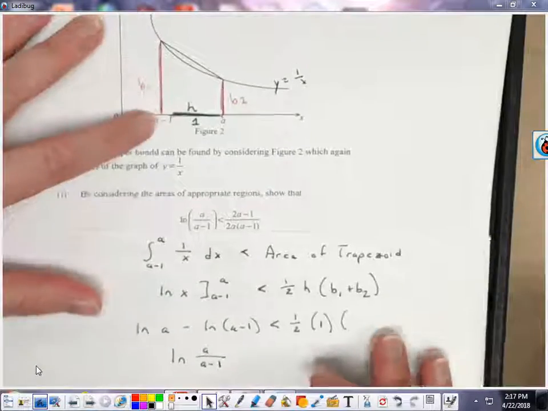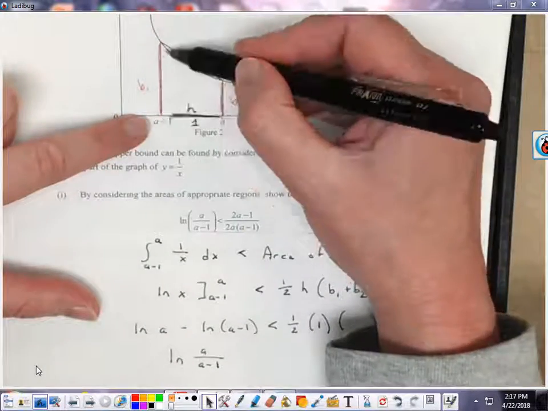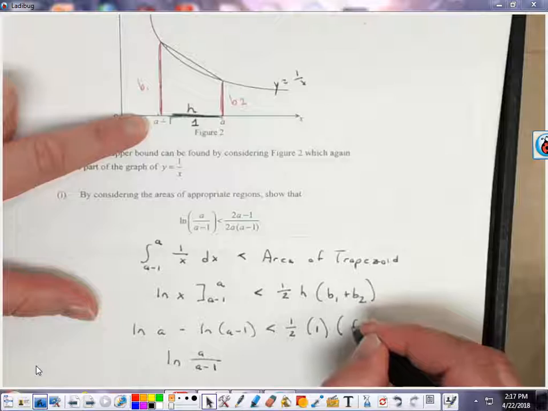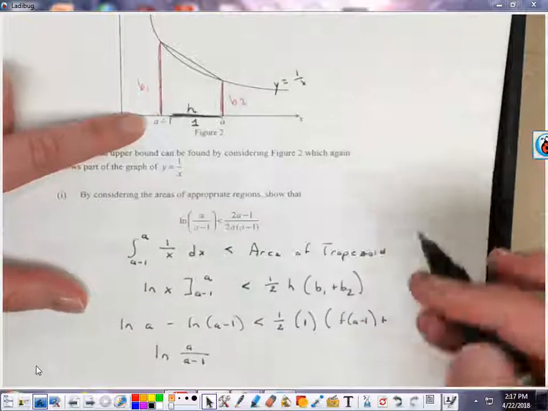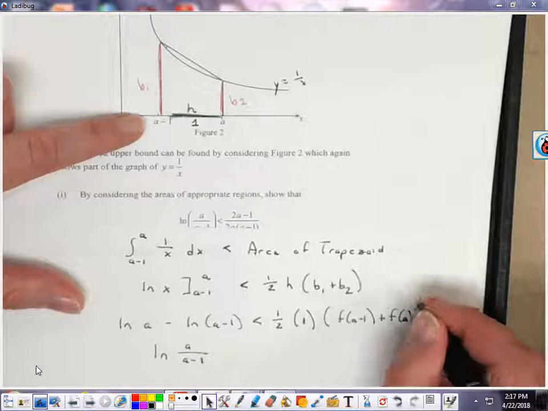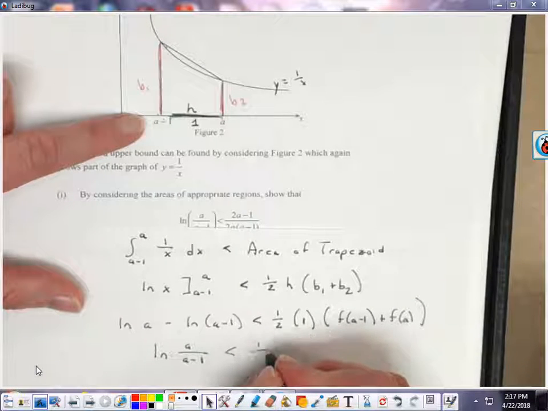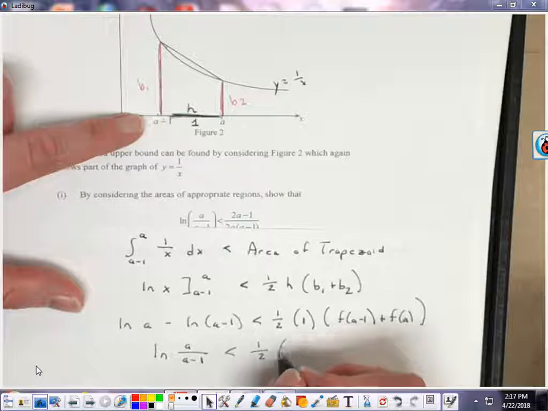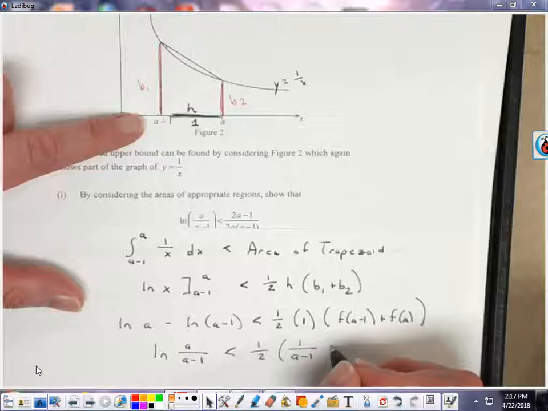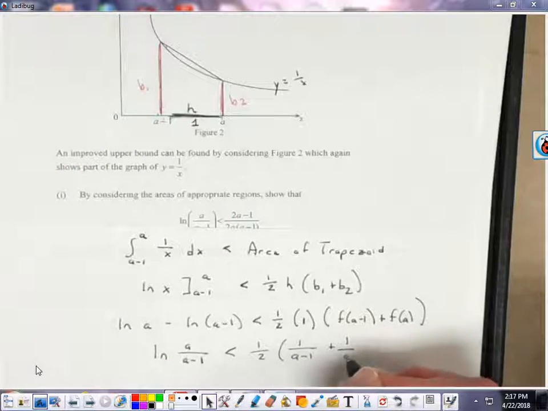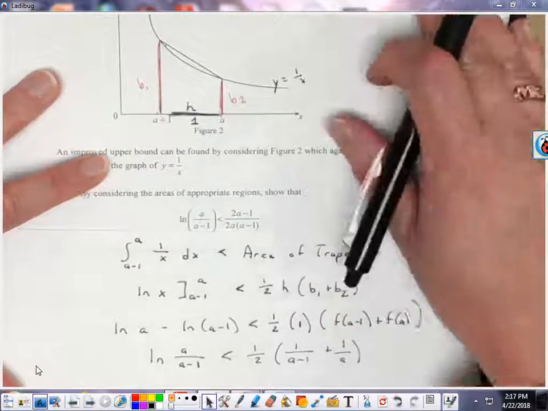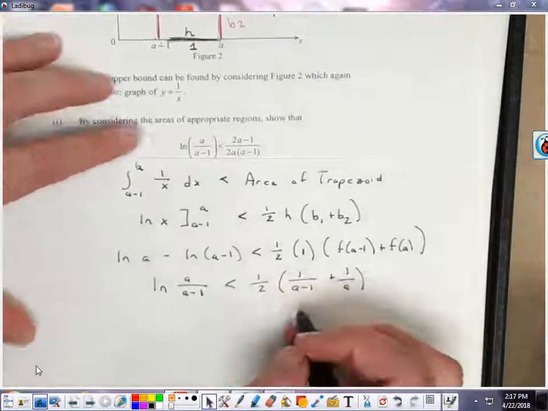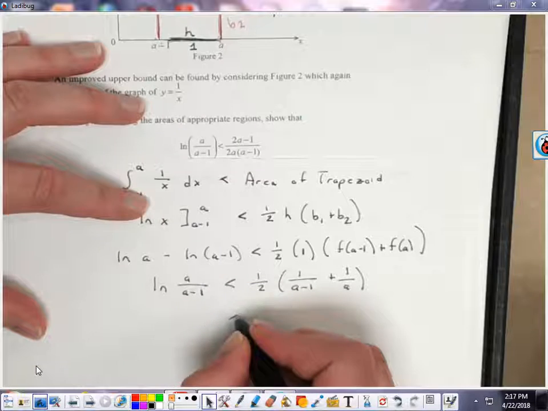And then one base would be how high they are at a minus 1, so f of (a minus 1). And the other base is how high at f of a. And again, half times 1 is just a half. This is substituting into the function 1 over x, so 1 over (a minus 1) plus 1 over a. And hopefully that's just going to turn into this, what we already had. So don't really have to worry too much here.